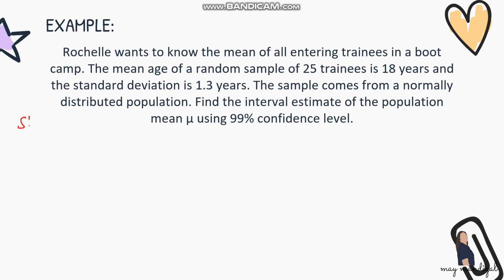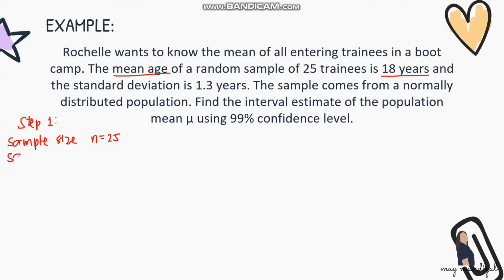So step number 1 is to list down all of the things that we know from this problem. So what we have here is the mean age of a random sample of 25 trainees. So there are 25 trainees, so that is our sample size. n is equal to 25. And then the mean age is 18 years of those trainees.